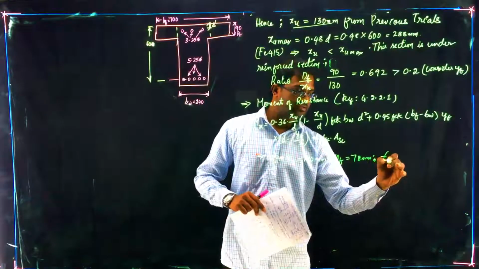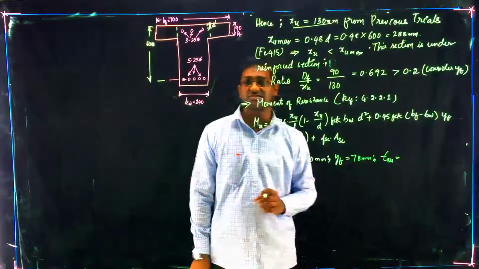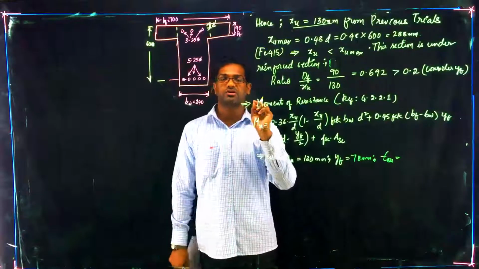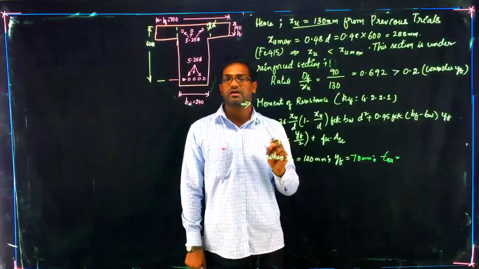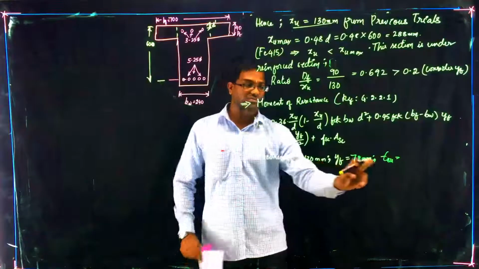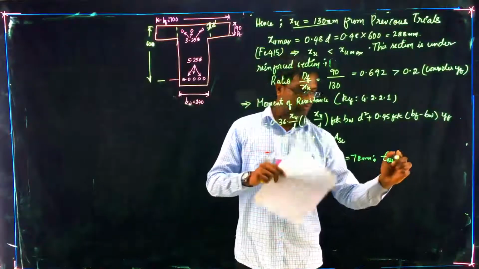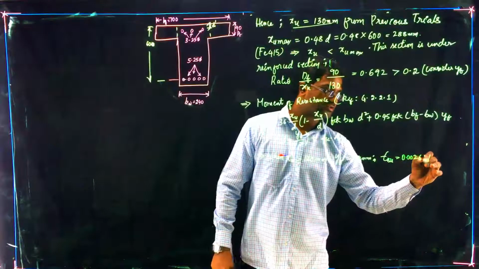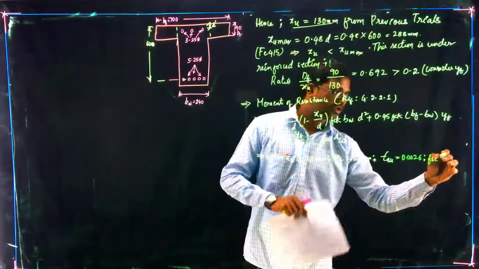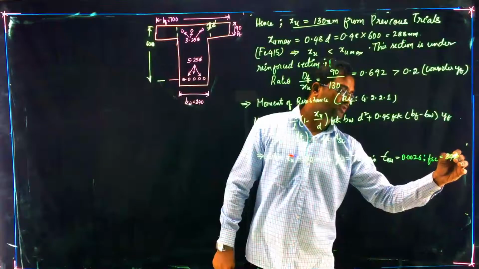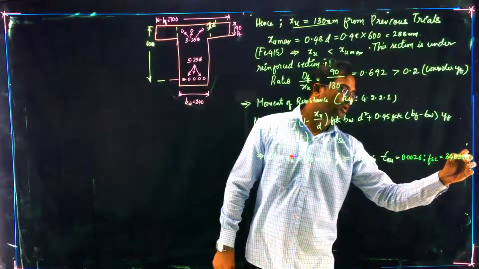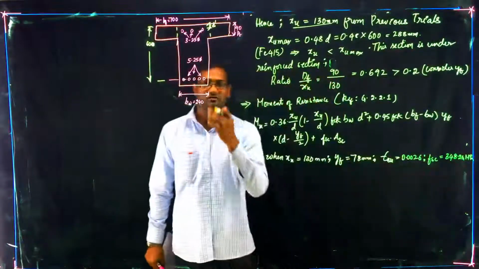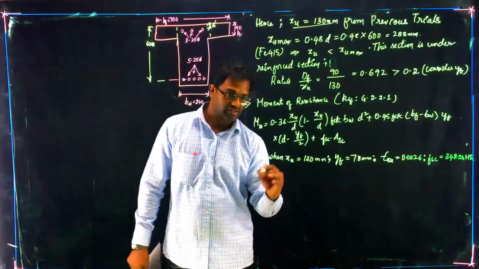Epsilon SU is given by 0.0035 times (XU minus D dash) by XU. Now XU is known, and when you calculate epsilon SU, you get 0.0026. For this, if you calculate FSC, you will get 348.24 MPa. Do it for your practice.